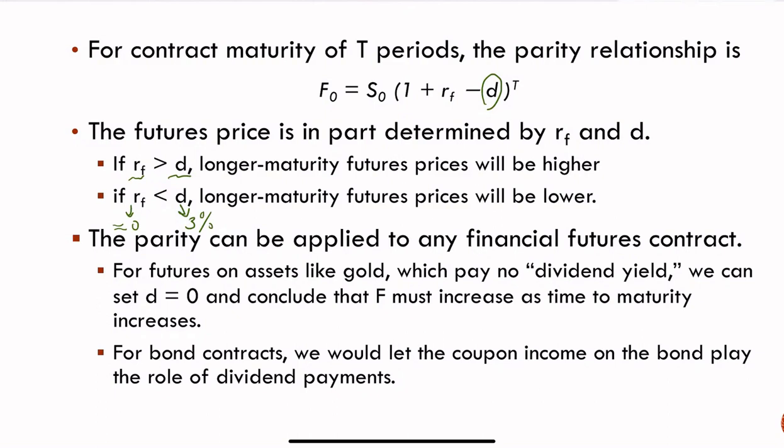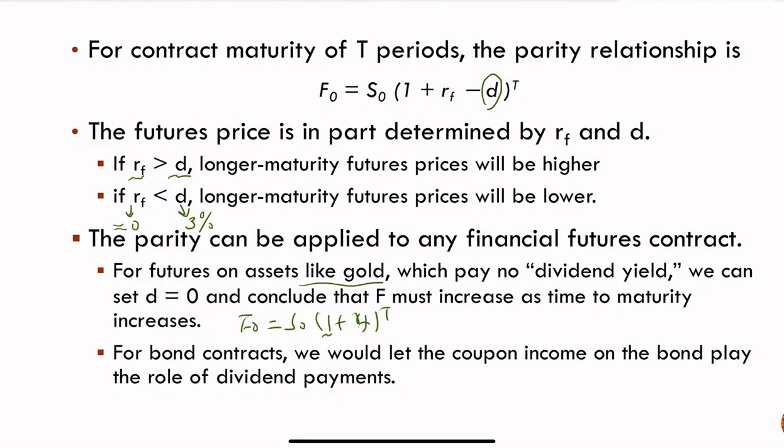So for commodities, such as gold, a futures on assets like gold does not pay dividend. So in this case, if we are dealing with a gold futures, we should set D equals 0. And then you could also see that if D equals 0, we will get this formula.